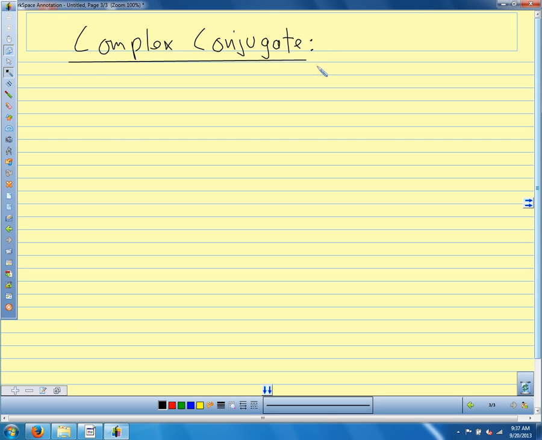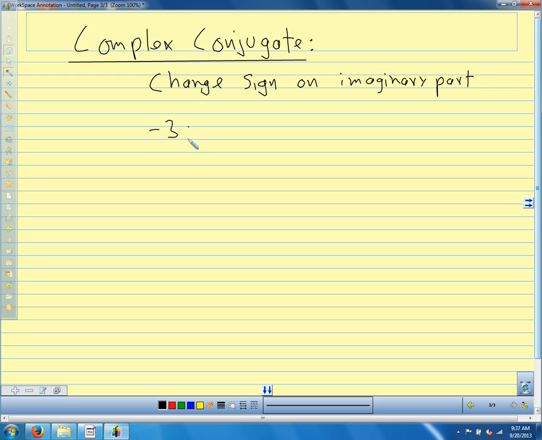To find the complex conjugate, we change the sign on the imaginary part. That's all we have to do. So what would be the complex conjugate of negative 3i? 3i.